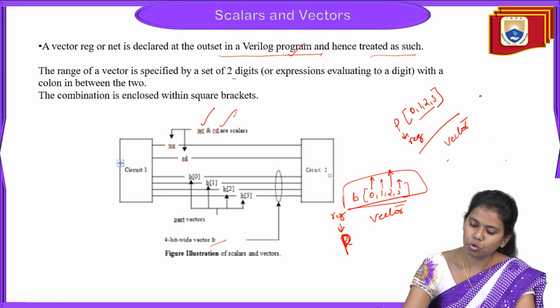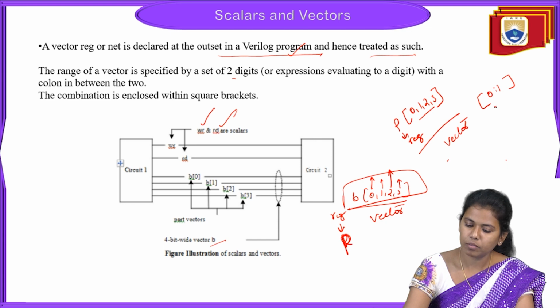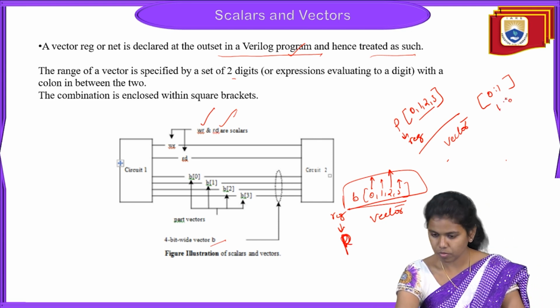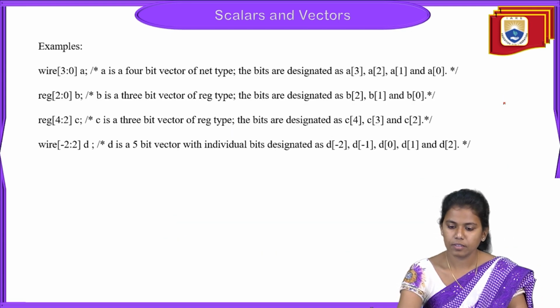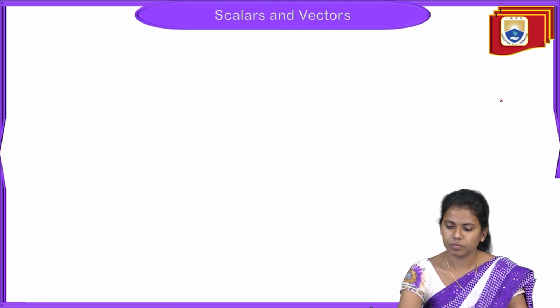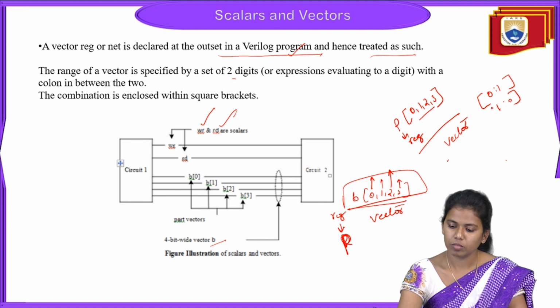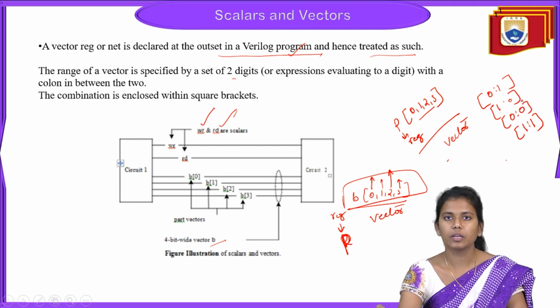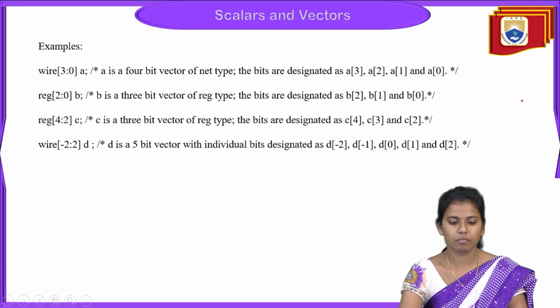Within the square brackets, like this, 0 and 1. So this is how we represent the vectors.